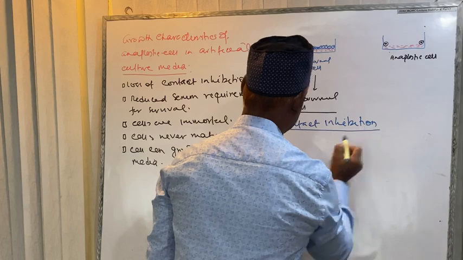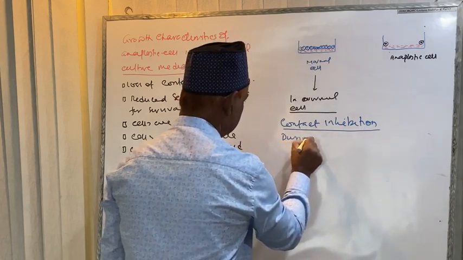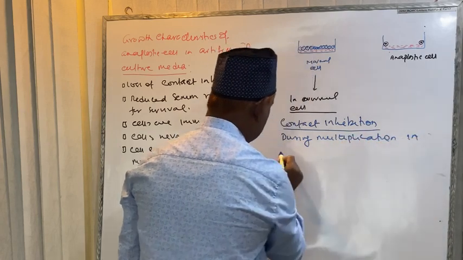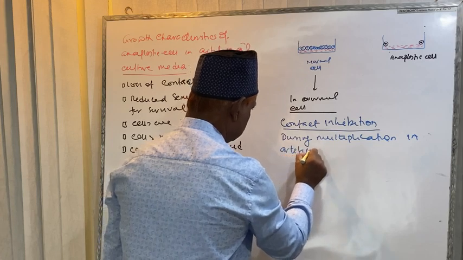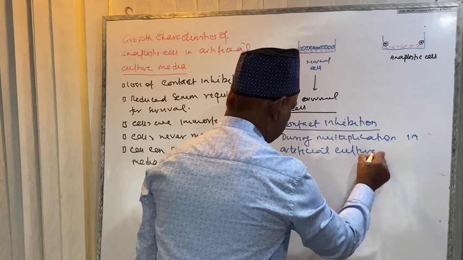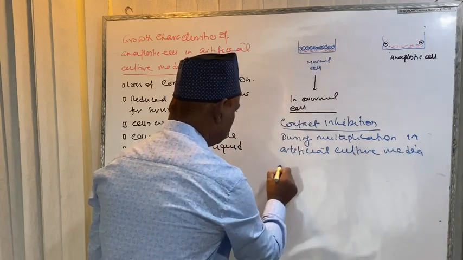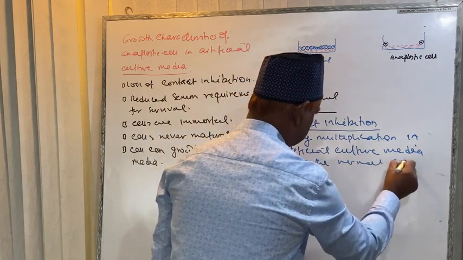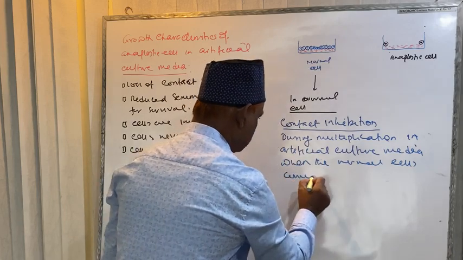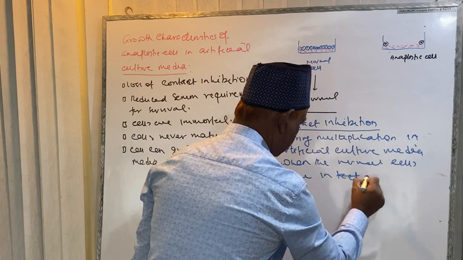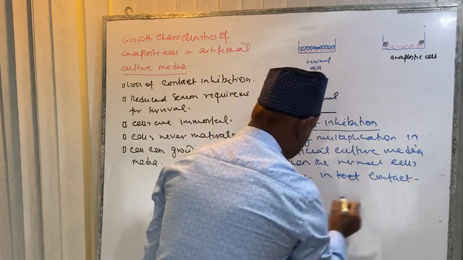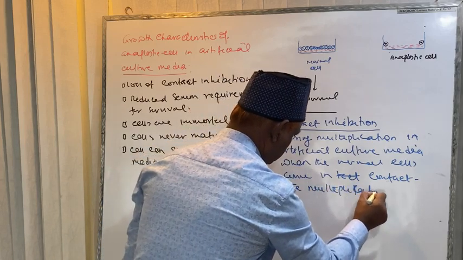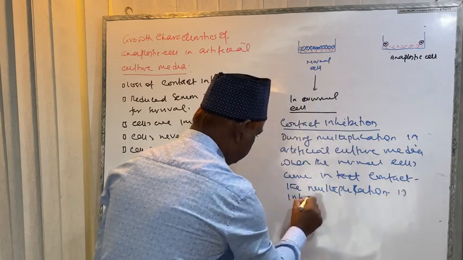What is it? During multiplication in artificial culture media, when the normal cells come in contact, the multiplication is inhibited.